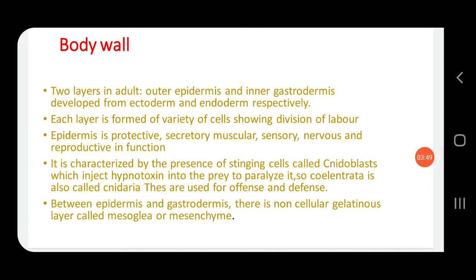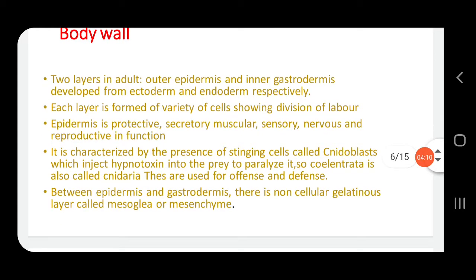One of the unique characters of this group is their body wall, which contains different types of cells. In an adult, the body layer may be divided into an outer epidermis layer and an inner gastrodermis layer.